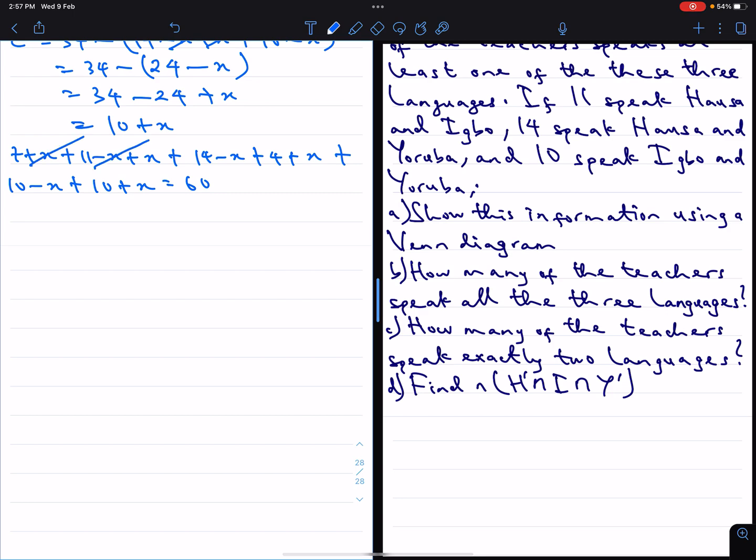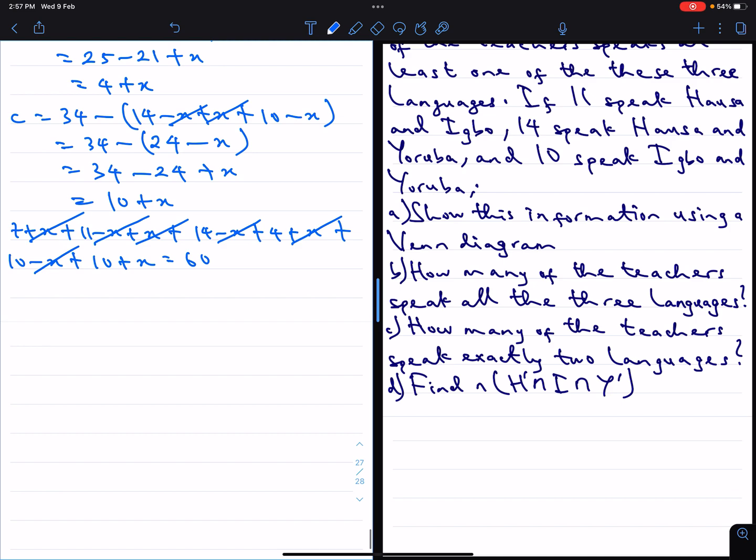Now x minus x is 0, x minus x is 0, x minus x is 0, and now we add the numbers. 7 plus 11 is 18 plus 14, that's 32, plus 4 is 36, plus 10 is 46, plus 10 is 56. I check again. 7 plus 11, that's 18, plus 14, that's 32, plus 4 is 36, plus 10 is 46, plus 10 is 56.